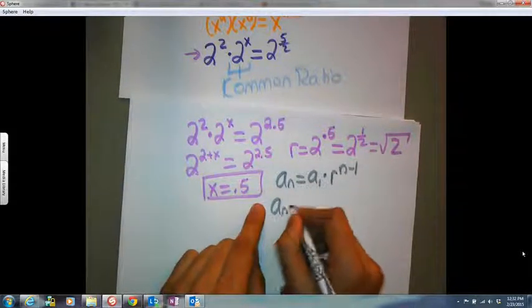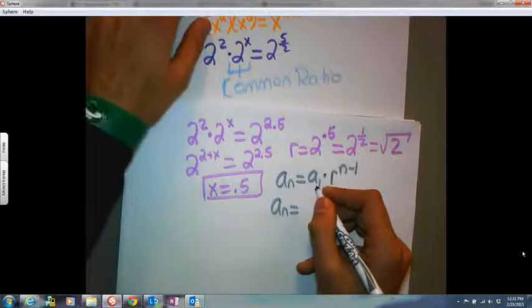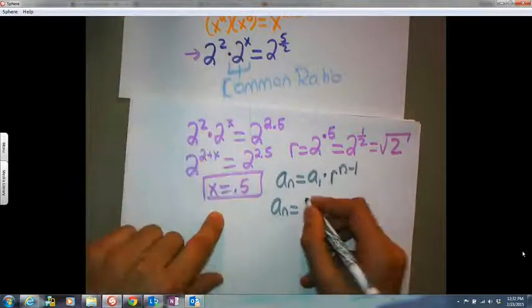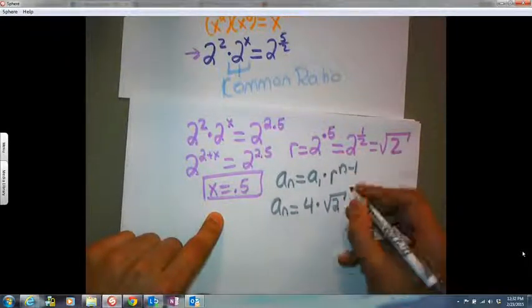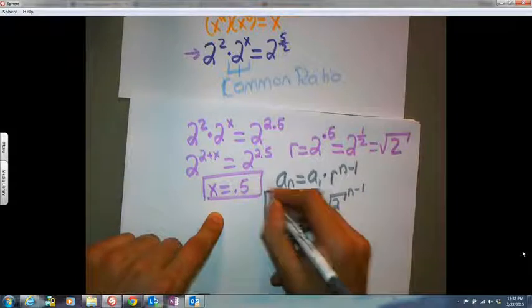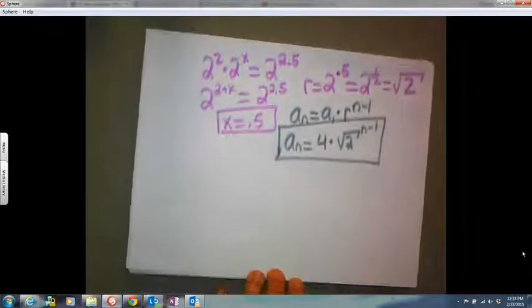If you go back to your problem, it says a1 is 4. r is square root of 2. Raise it to the n minus 1. There's your nth term expression. Anthony, questions?